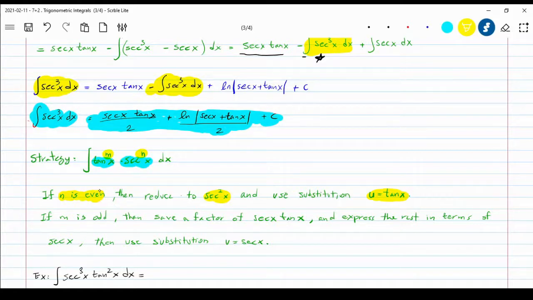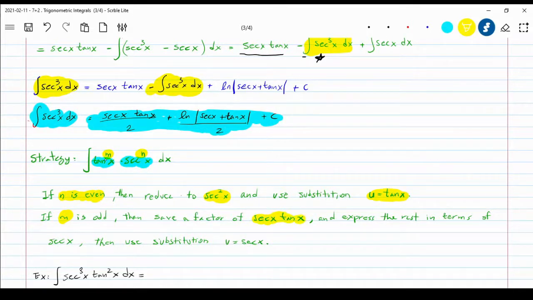that's not the case, and you have a case where the power m is odd for the tangent, and you don't have an even power for the secant, then you need to save one of the factors of secant tangent. If the secant had power maybe 1, then you keep one factor of secant tangent, because that's the derivative of secant.